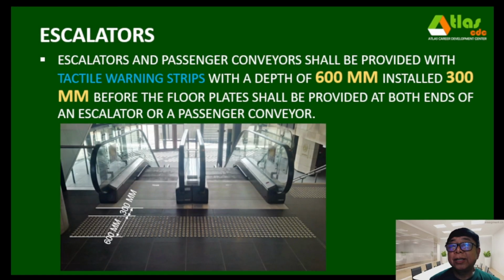So escalators and passenger conveyors shall be provided with tactile warning strips with a depth of 600 mm installed 300 mm before the floor plates of the escalator. Shall be provided at both ends of an escalator or a passenger conveyor, meaning the top and the bottom of the escalator.